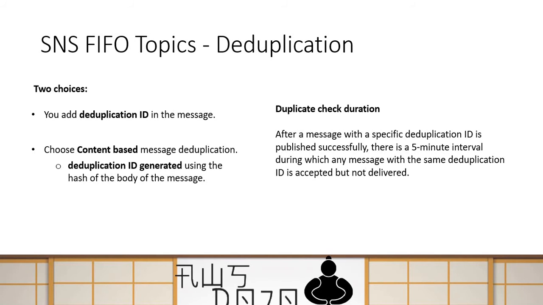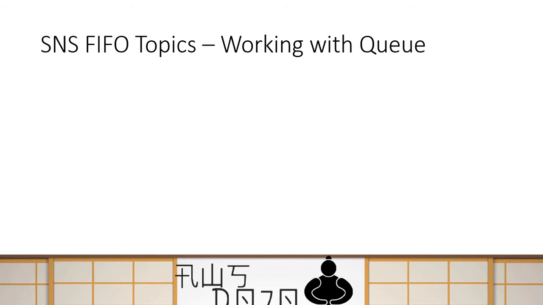Now, moving on to how it works with the queue. If you're trying to do ordered processing of messages, and to ensure that your message is delivered at least once and processed at least once, generally people go for some kind of fan-out architecture, where the messages published to the topic are published to the queue, and then from the queue they are processed in the backend system.